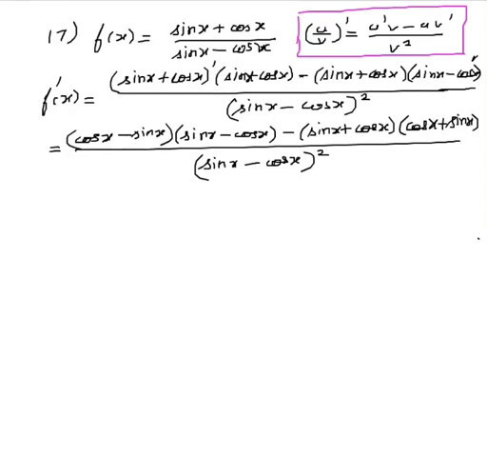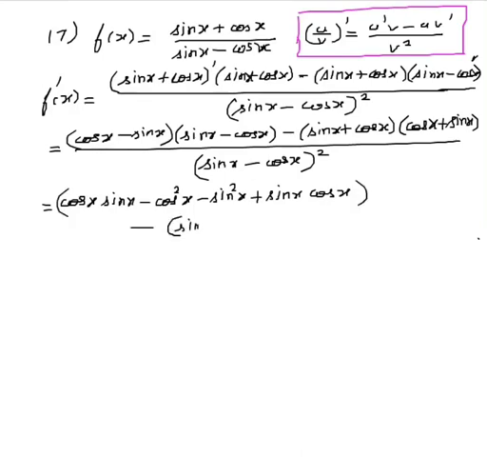Let's open the brackets. We get cos x sin x minus cos squared x minus sin squared x. Minus into minus is plus sin x cos x.